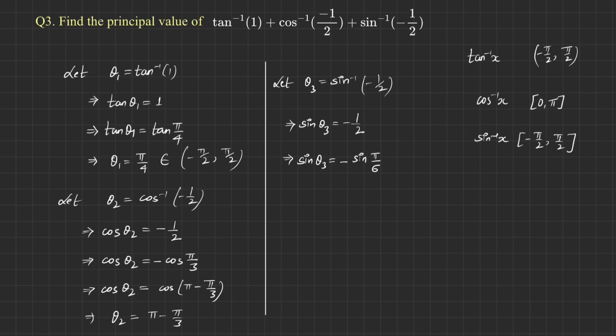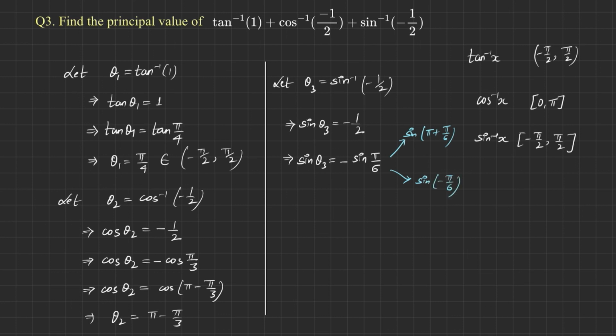Now here again we have two options for writing minus sine pi by 6. Either sine of pi plus pi by 6, because pi plus pi by 6 is in the third quadrant, and in the third quadrant we have a negative value of sine, or we can write sine of minus theta, okay?